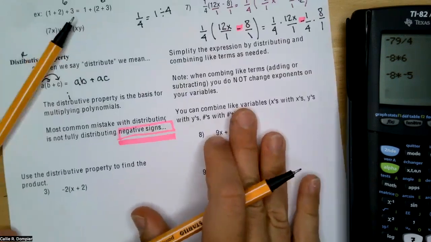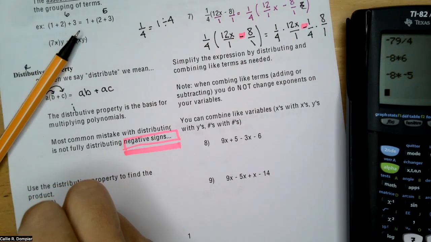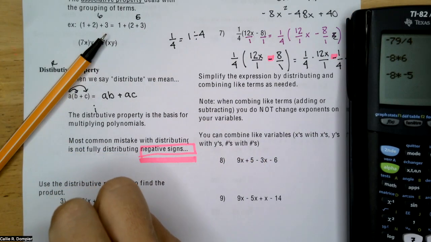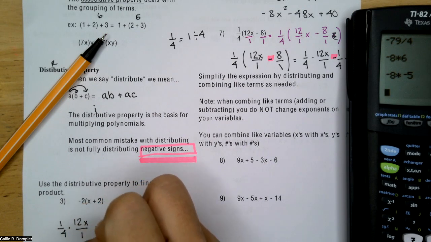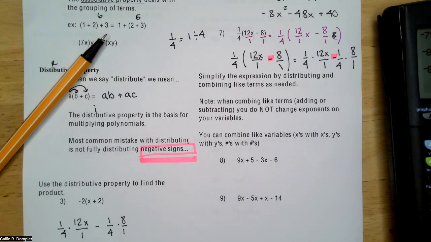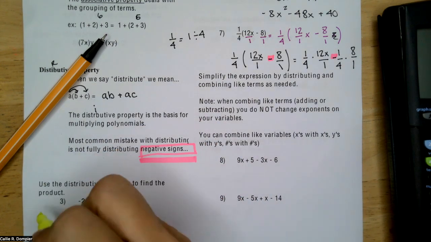I'll rewrite it down here. Oh, I skipped number 3, sorry. 1/4 times 12x/1 minus 1/4 times 8/1. And we already know it because we know the rules of, what's it called? Order of operations.